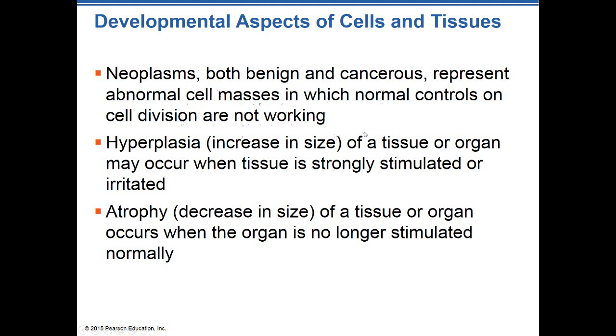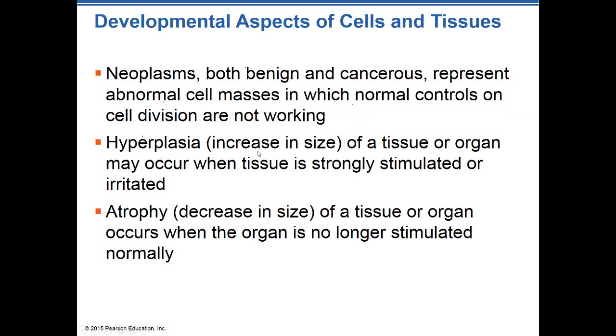So instead of the cell going through mitosis and then interphase and the long rest period before it re-enters mitosis, in a neoplasm it may undergo repeated phases where it just goes through mitosis, mitosis, mitosis, and you end up with this big mass of cells in a very short period of time that's unregulated and growing.